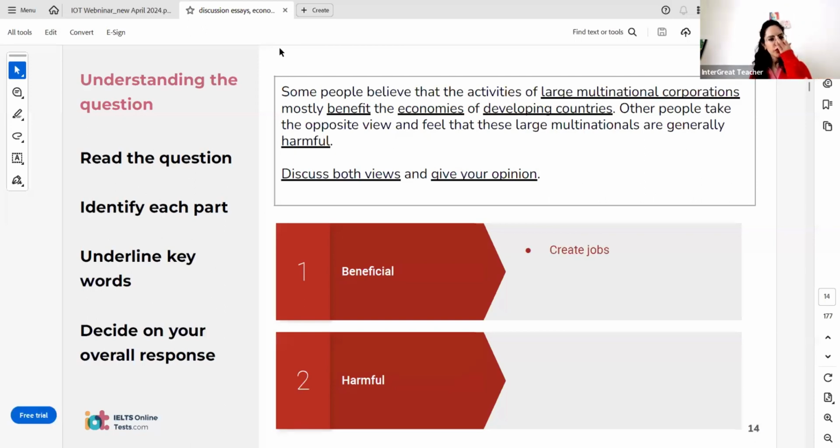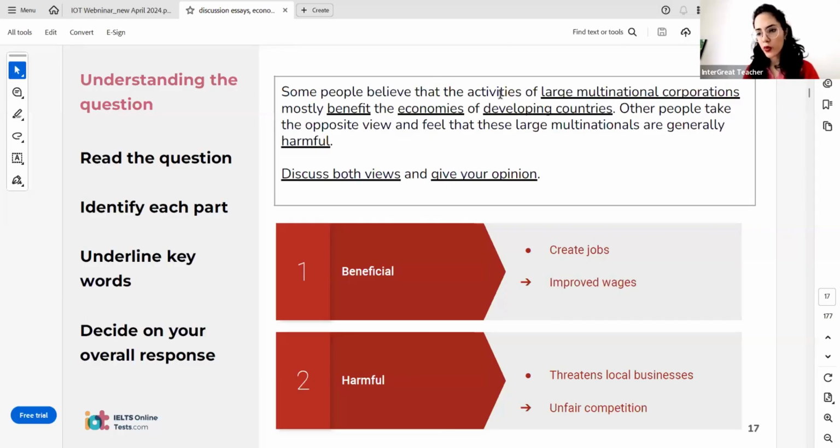I'm going to start with beneficial. First of all, it helps create jobs. As a result, improved wages. As for harmful, it threatens local businesses and unfair competition, I would say, right?